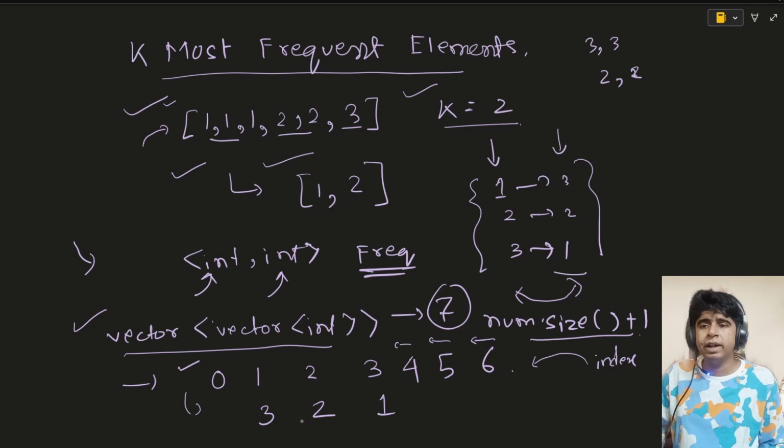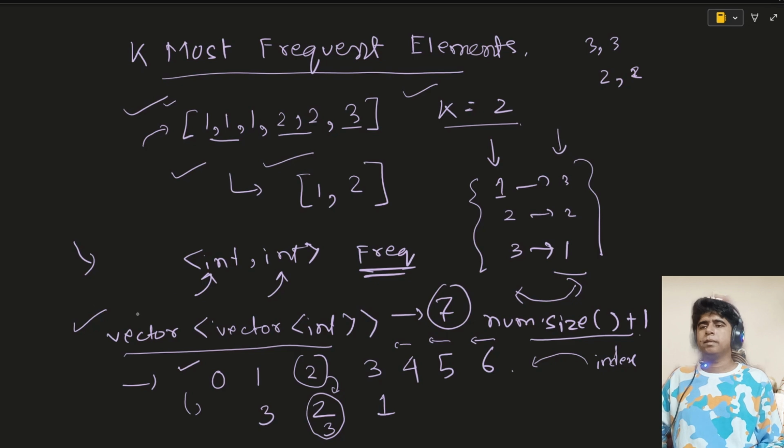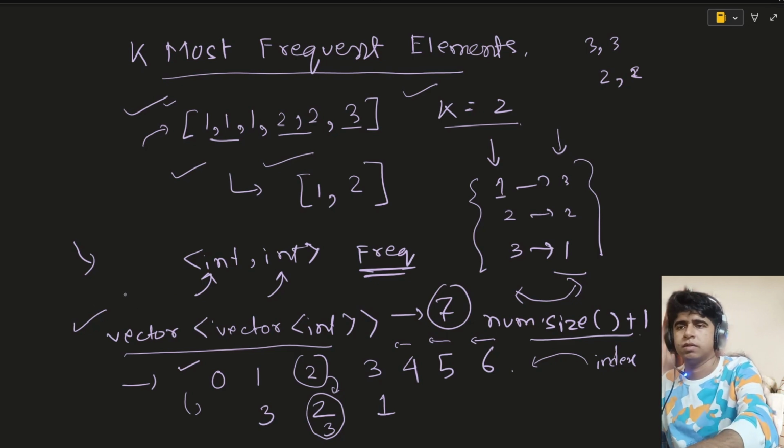You need a 2D array to store two values in index 2, one is 2 and another is 3. To store two values in one place you need a 2D array. That's why we will use a 2D vector.